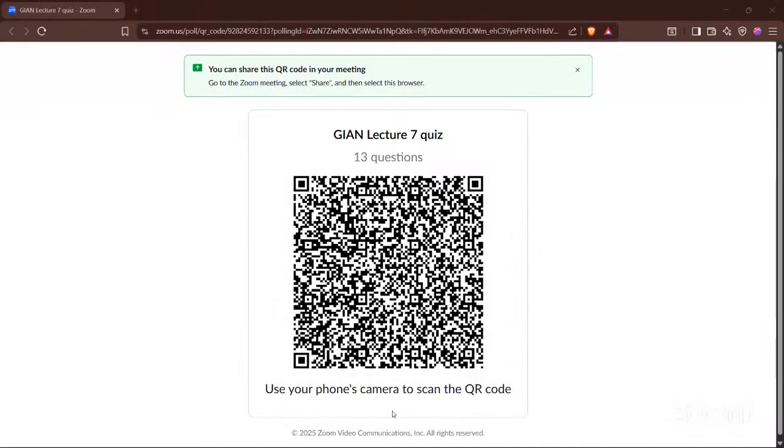If anyone can't access the quiz, please use the QR code. Once you're done with the quiz, please raise your hands to show you have done the quiz.